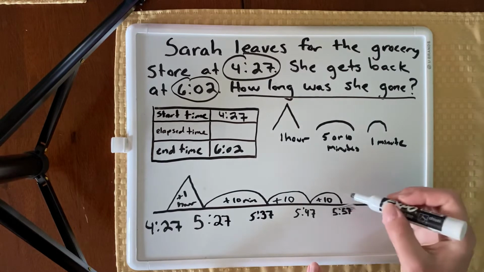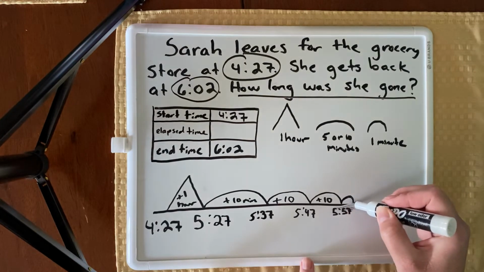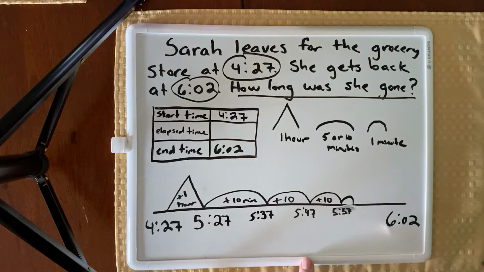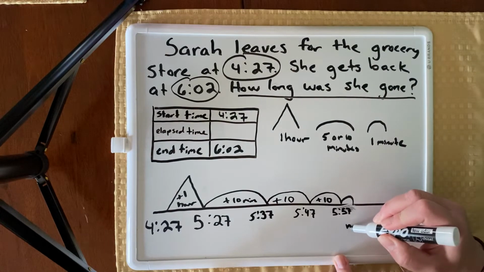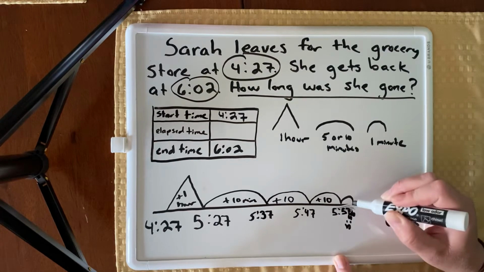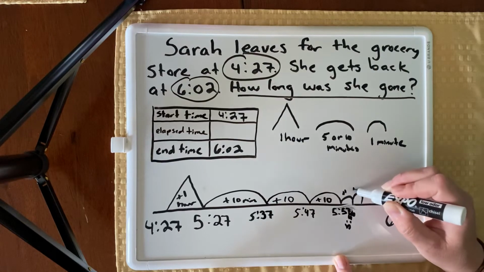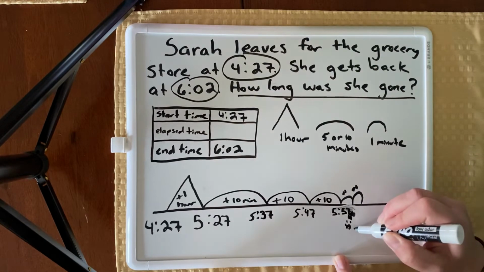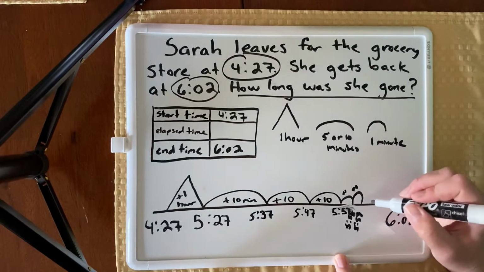Let's do some hops of 1. If I hop ahead 1 minute, I'm going to turn this sideways because I'm running out of room here. I know it's going to be 5:58 if I do plus 1. Let's do another plus 1. I know it's going to be 5:59. I've got to keep going.